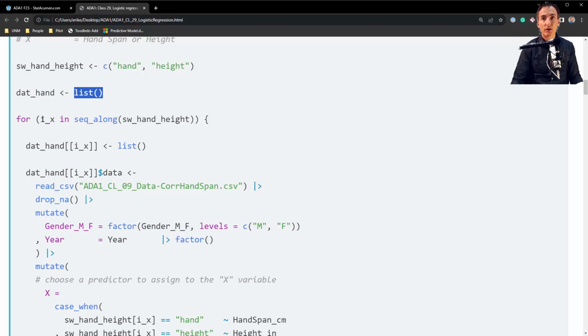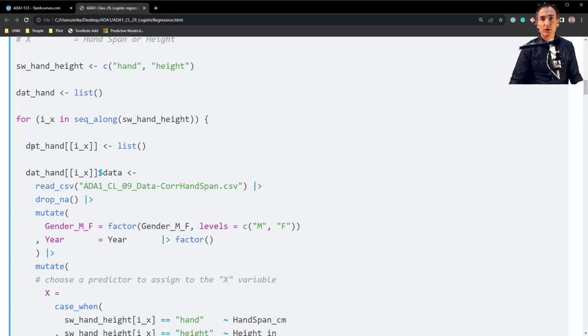Okay, so i is going to be our index for the x variable, and it's going to be 1 and 2, and it's going to go along this switch, hand or height, right? So the sequence along this list is going to be a 1 for hand and a 2 for height. So the first time through the for loop, i is going to be a 1. It's going to do all the stuff related to hand, and then the second time through it's going to be a number 2, and it's going to do everything related to height.